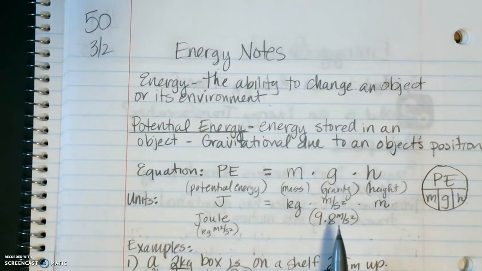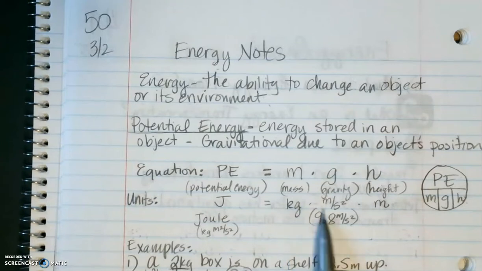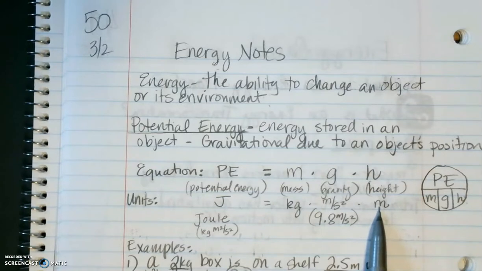So when we talked about units, we had a kilogram, which is mass's unit. We had meters per second squared, which was the gravitational unit because it's an acceleration. And then we also had the height, measured in meters. And remember, height is a distance as well.